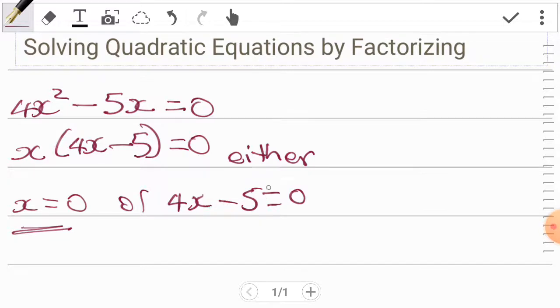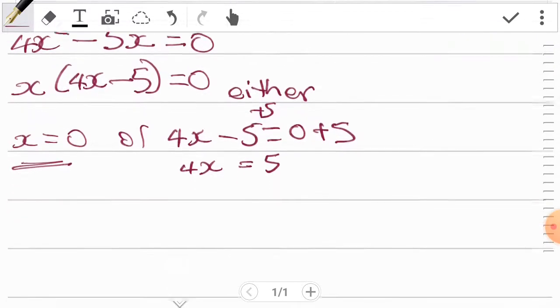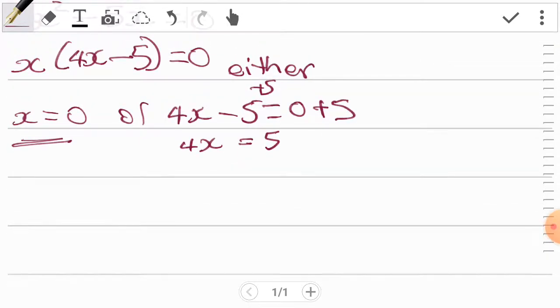So for 4x minus 5, if we add 5 to both sides, we're now left with 4x is equal to 5. Remember that we intend to find x, so we're going to divide by 4, divide by 4. So in this case, x is equal to 5/4.